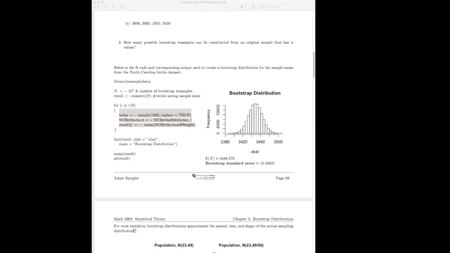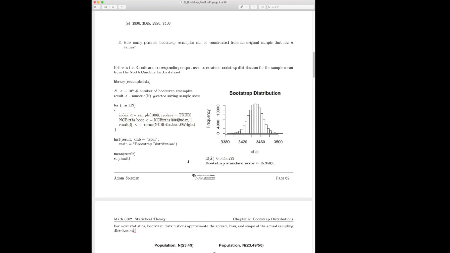Okay, and so these last two lines that I had in our Markdown, which are typed down here, which were the mean and the standard deviation of the result, are telling us the center of the bootstrap distribution, and it's approximating the standard error, right? The standard deviation is going to tell us the standard error of the bootstrap estimate for the sampling distribution.